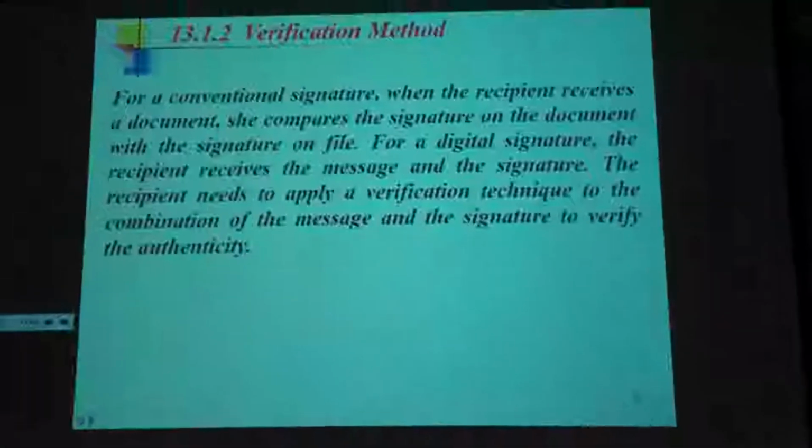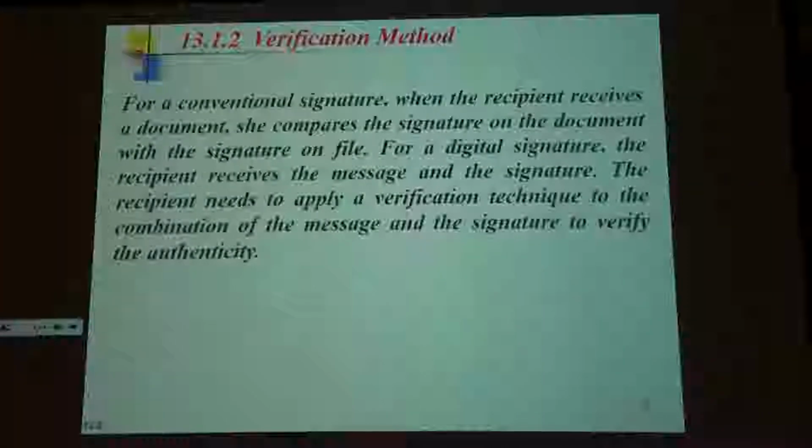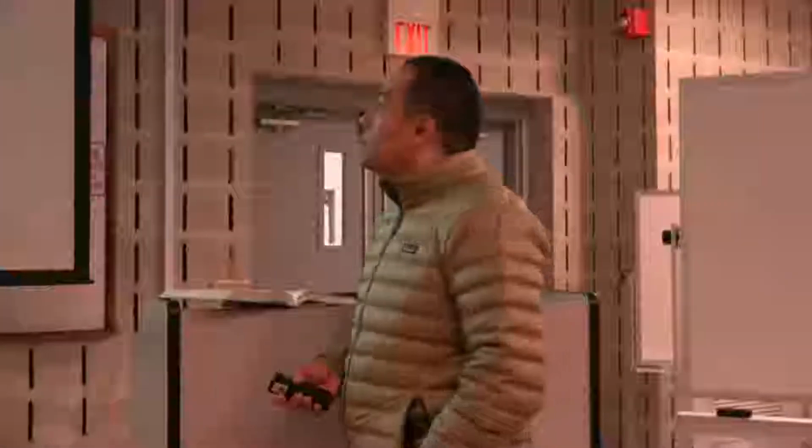For verification, in the conventional signature, when the recipient receives a document, the person will look at the signature in the document and compare it to another signature in the file. So they look at whether the two signatures are equal. There are expert people to compare the signatures.